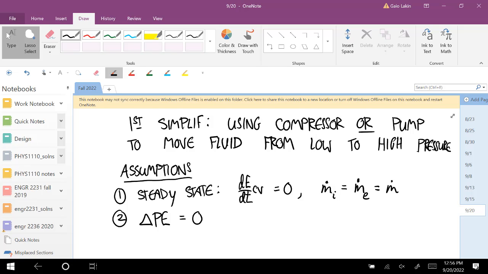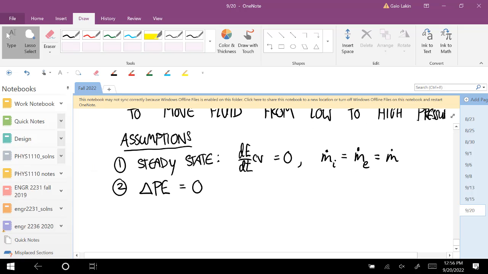But for this one, we're going to make that assumption. Third, we're going to assume that there's no heat transfer.